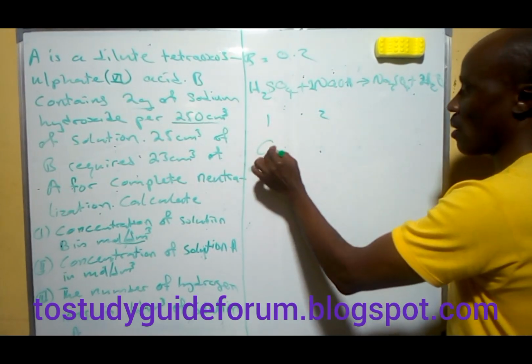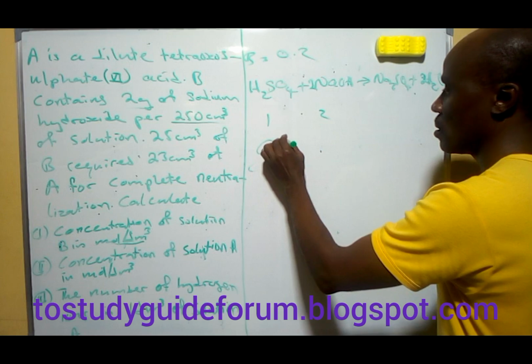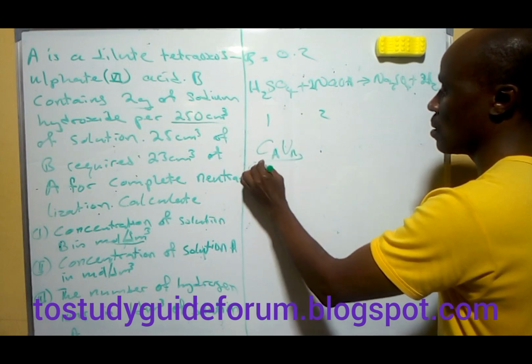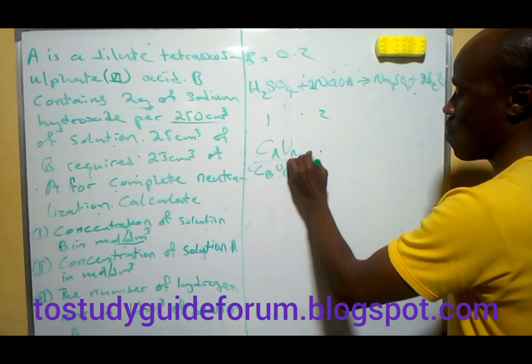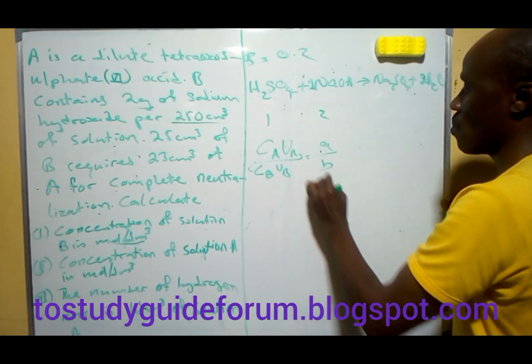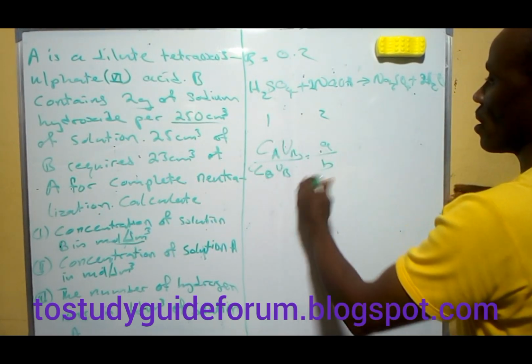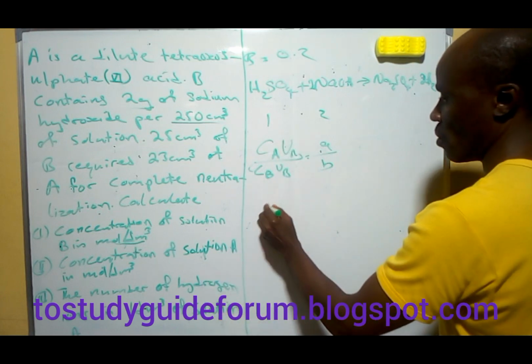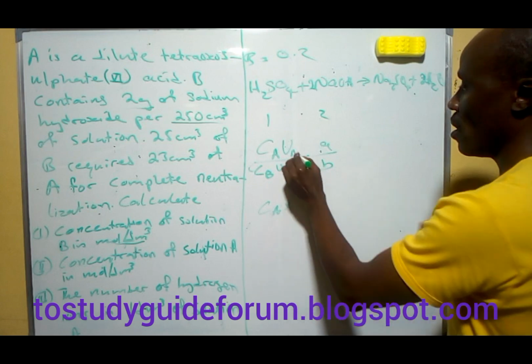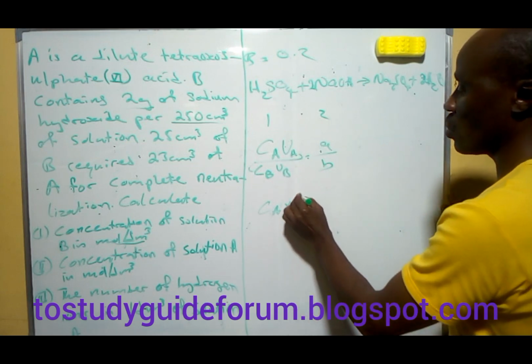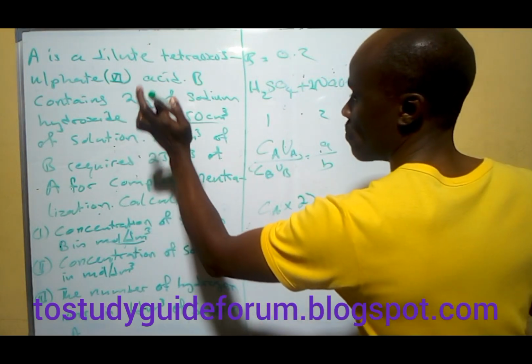Then we use our relation, where the concentration we're looking for is Ca. The volume of the acid is 23.